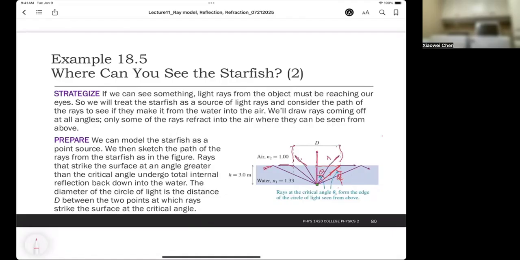This angle is theta c, and this is h. Sorry, this is half d. So half d equals h tangent theta c. Then d equals 2h tangent theta c. Am I right? Does it make sense to you?